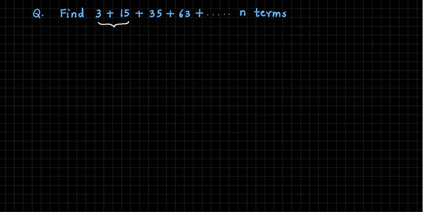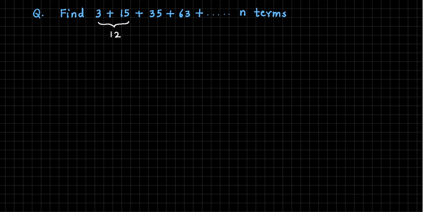The difference between 3 and 15 is 12, between 15 and 35 is 20, then here it is 28 and so on. So you see that the difference itself is increasing by 8 in every step. Whenever we have this kind of situation, we use what is called the method of difference.